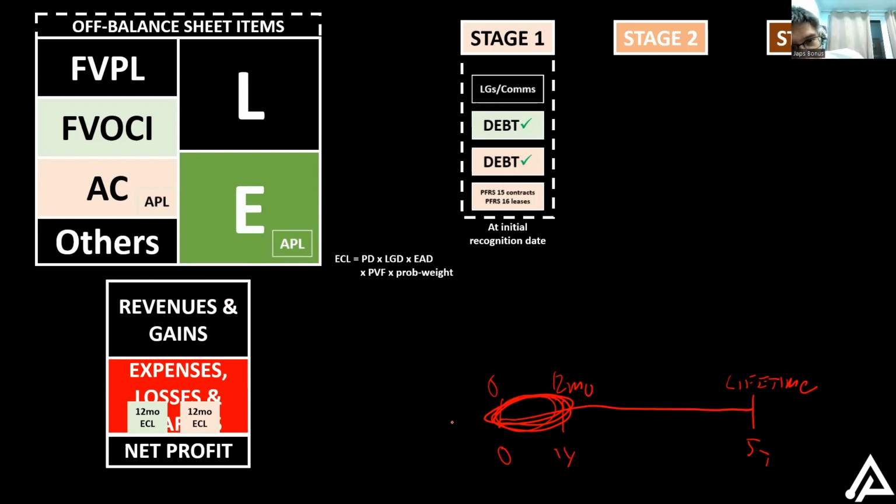Kasi kapag ginawa mo siyang contra asset, the FVOCI balance will no longer tie up to fair value. Eh, ang rule is dapat lagi siya naka-fair value. Yun nga lang, lalagyan mo siya ng ECL. So rather than doing the same as amortized cost at magiging contra asset siya, nandito siya. May allowance ka, pero hindi siya tumama sa asset side. Kapag meron kang provision for off-balance sheet items, it becomes a liability naman.